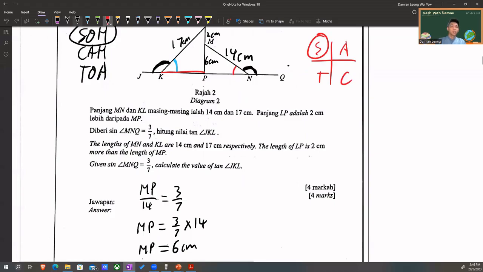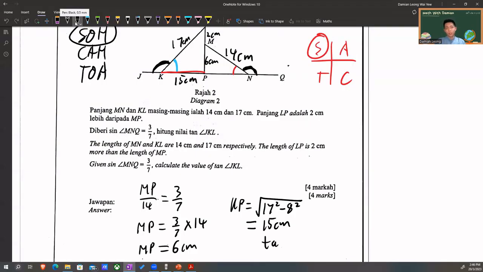So to find adjacent KP, I use Pythagoras theorem. It's square root of 17 square minus 8 square. Hypotenuse minus the other side. If I want to find the hypotenuse, then I plus. So it's 15. Okay, so I know KP here is 15 cm.